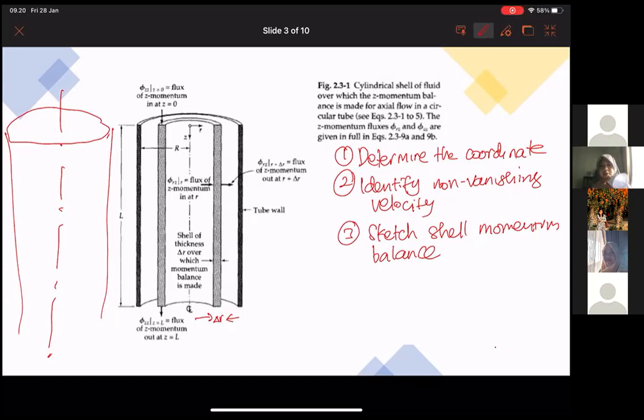Let's say this is the tube, and this tube has length of L.